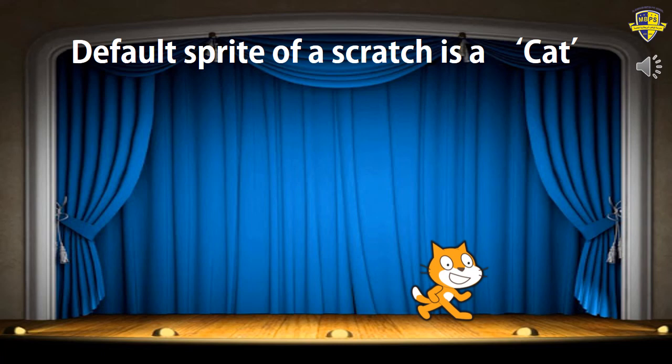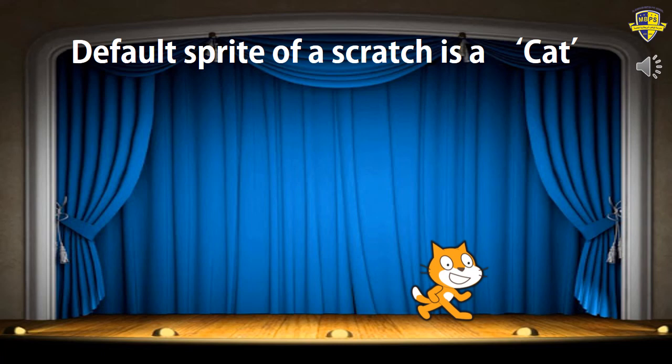Hello, have you seen me somewhere? Think about it. Yes, you are right. When you open Scratch website, you can see me. I'm a cat, a default sprite of Scratch. Do you know what is default?